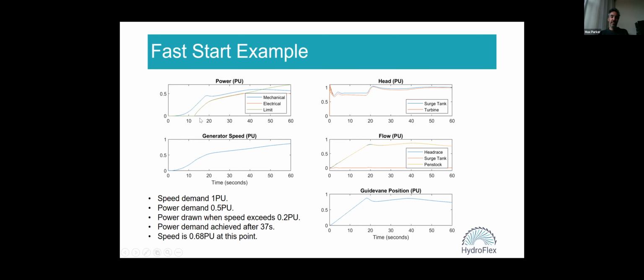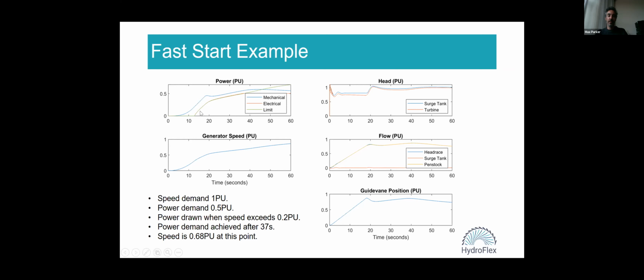So you can see you're starting opening the guide vanes, which ramps up the fluid flow, and you're getting your mechanical power up, and then the generator will start ramping up, and your turbine power starts increasing.